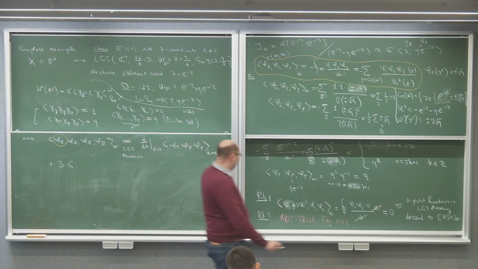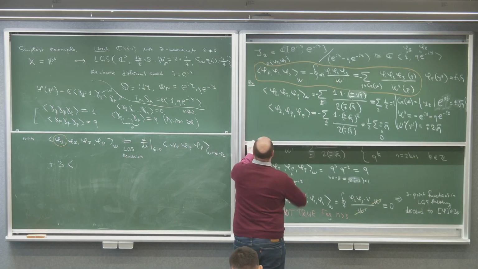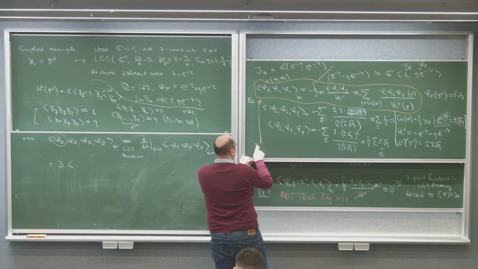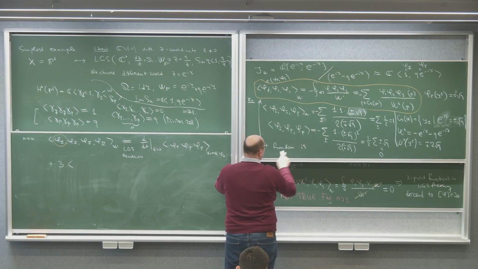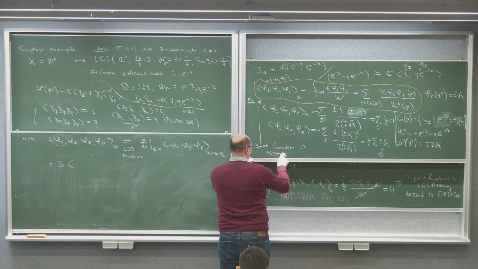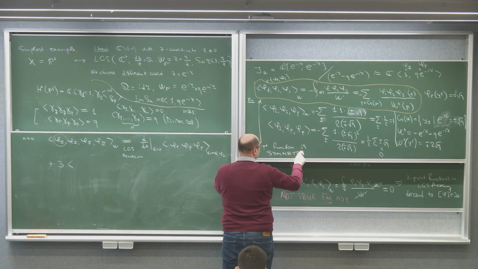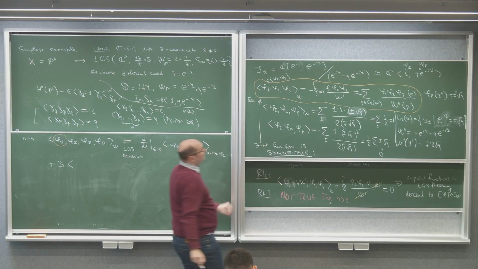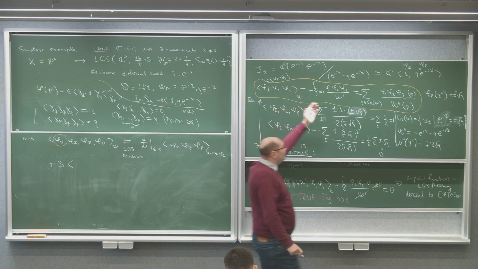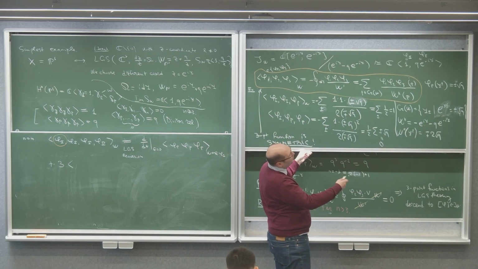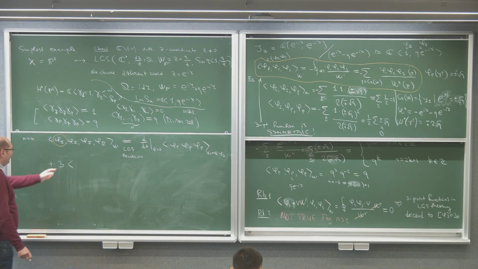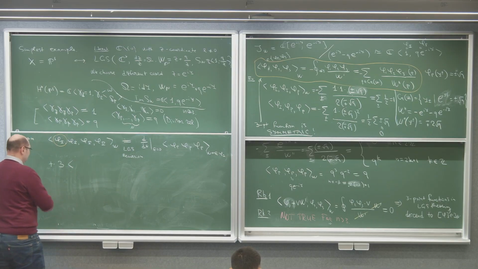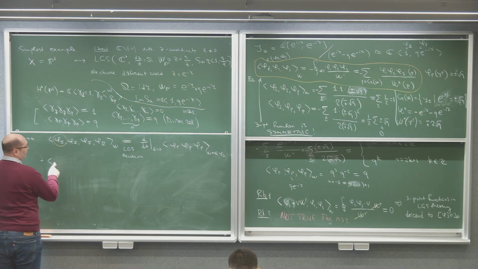Here let us also notice that the three-point function is symmetric in three arguments. It's symmetric for obvious reasons because the answer depends only on the product of phi_1, phi_2, and phi_3. So let me first write the full formula and then an abbreviated version.